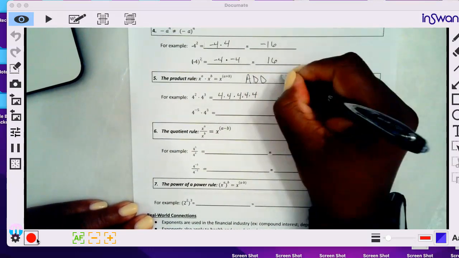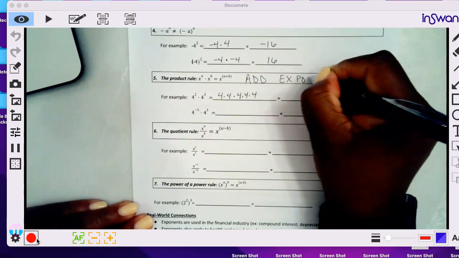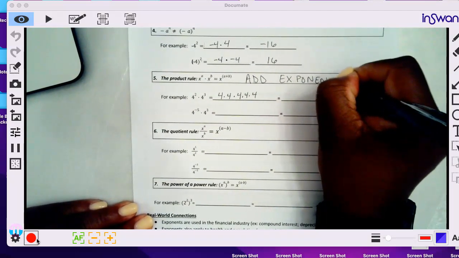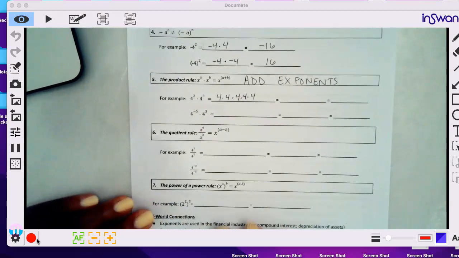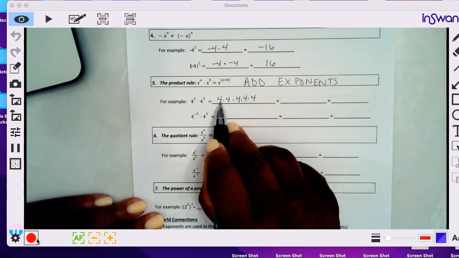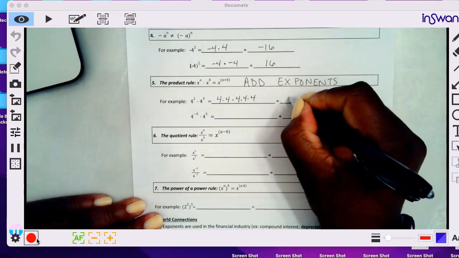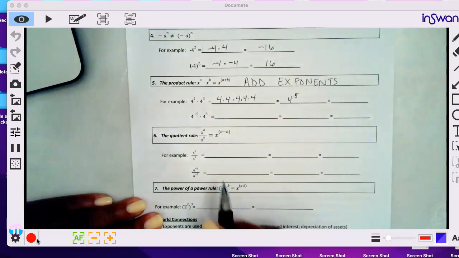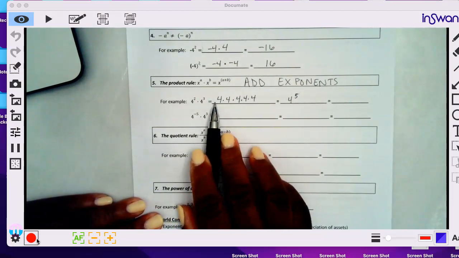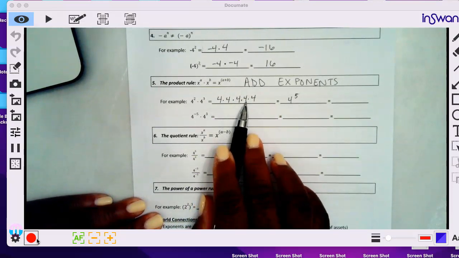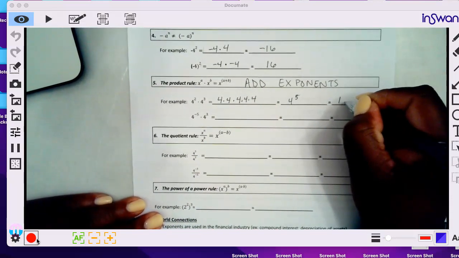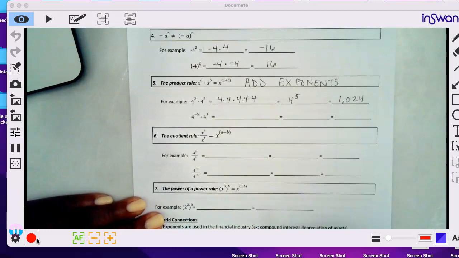So I'll write that in here so you guys don't get tricked. Add the exponents here. So that's the same thing as 4 raised to the 1, 2, 3, 4, 5th power. So 4 raised to the 5th power. And once you multiply 4 times 4 times 4 times 4 times 4, you should get 1024.